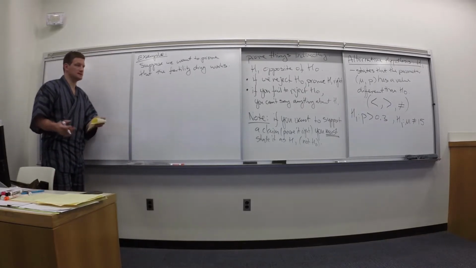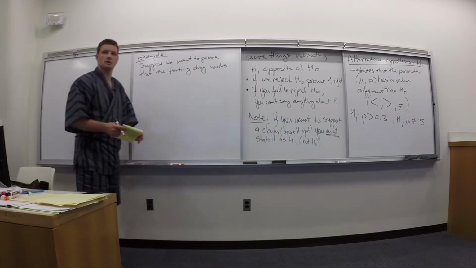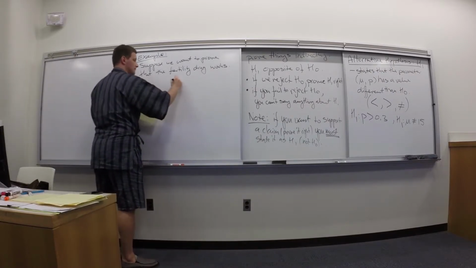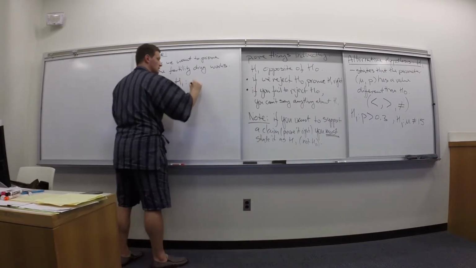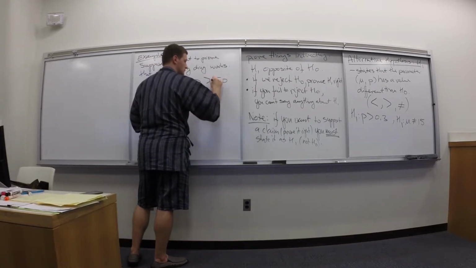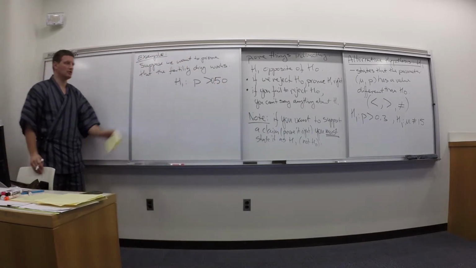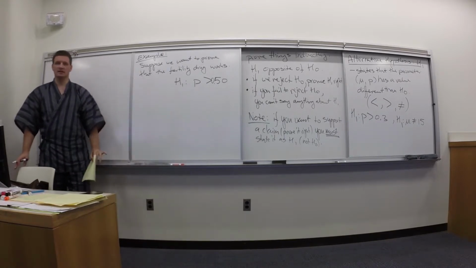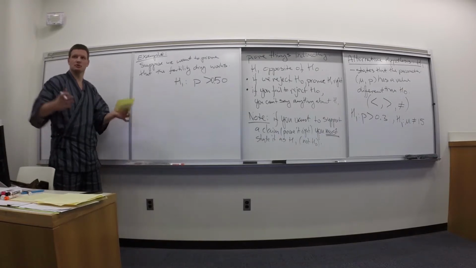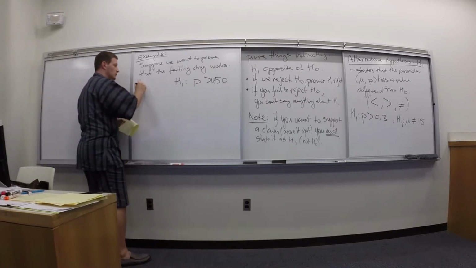We have to state it as H sub 1. Well, we want more girls. So we're going to say H sub 1: the proportion of girls is going to be greater than 50%. Yeah, I know it said 80, at least 80. I'm going to say it's bigger than 50. It works if I can skew the number of girls getting born, which means that the null hypothesis is this one.